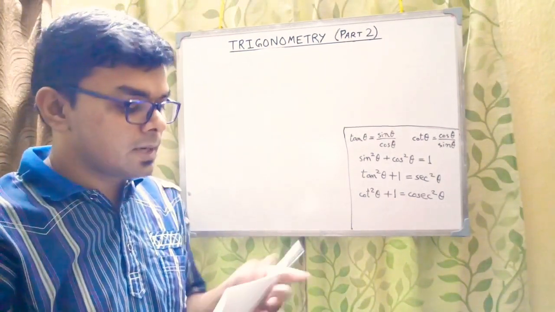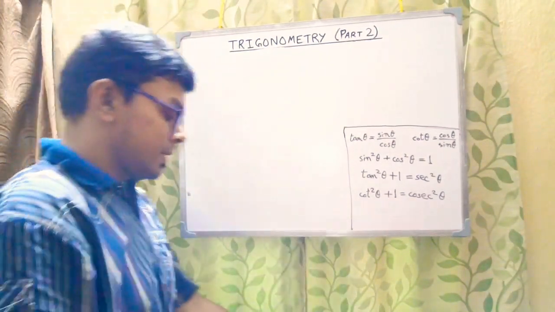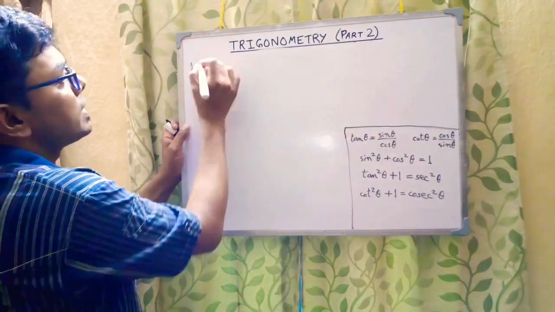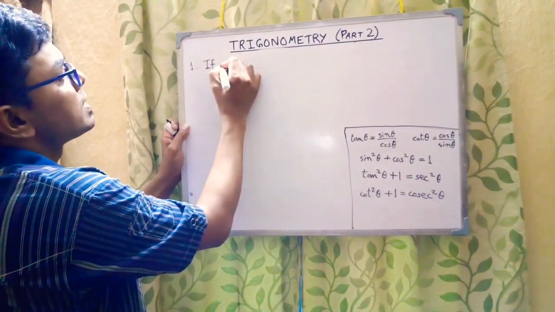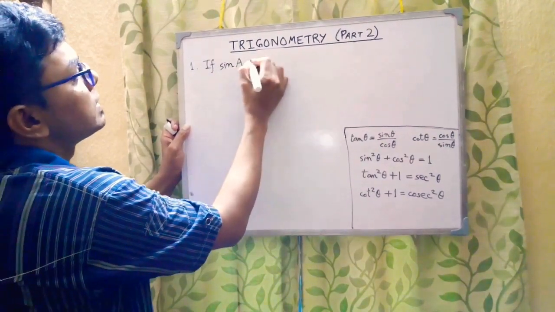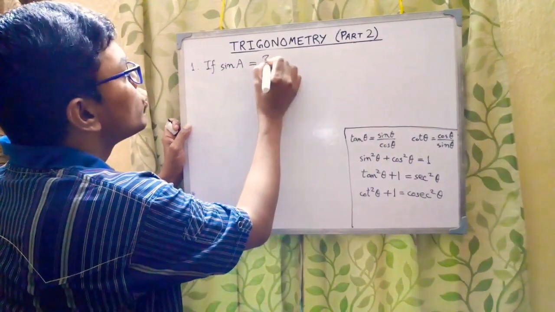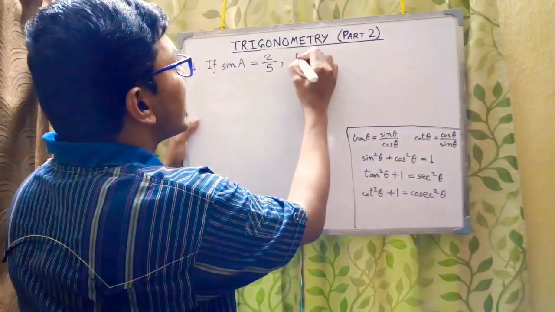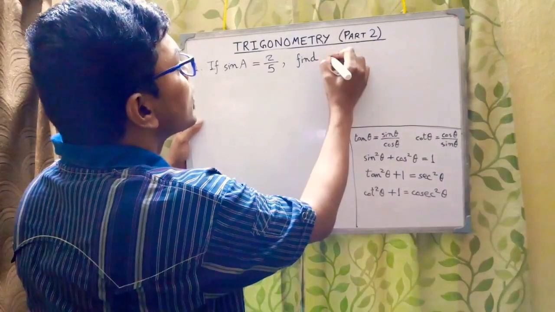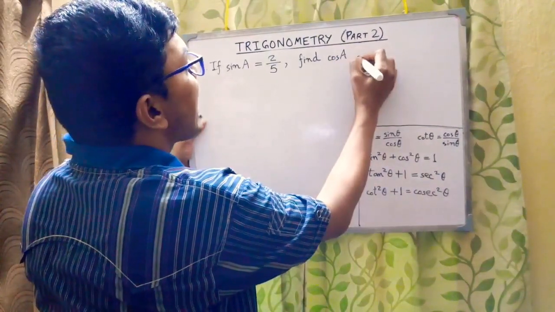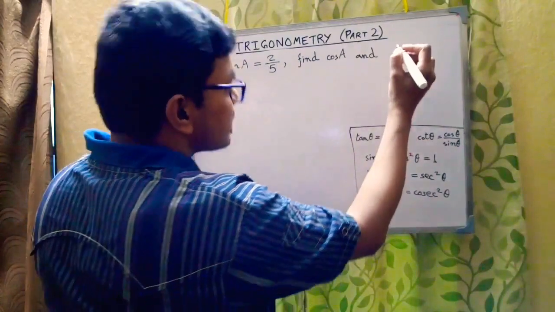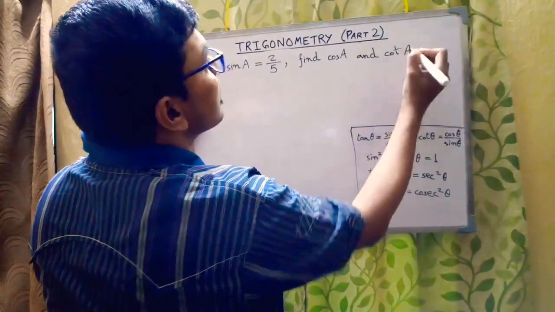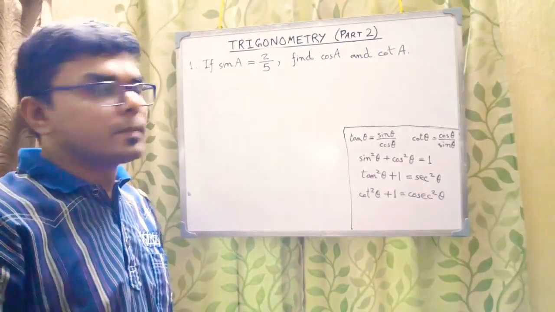So I have got some sums here, like the first one. This is one example. If sin A equals 2 by 5, find cos A and cot A. Well, this is a very easy sum.